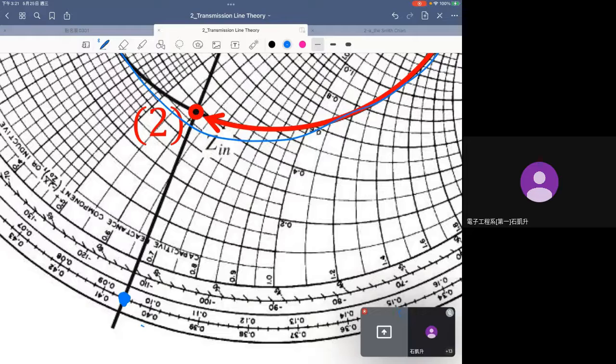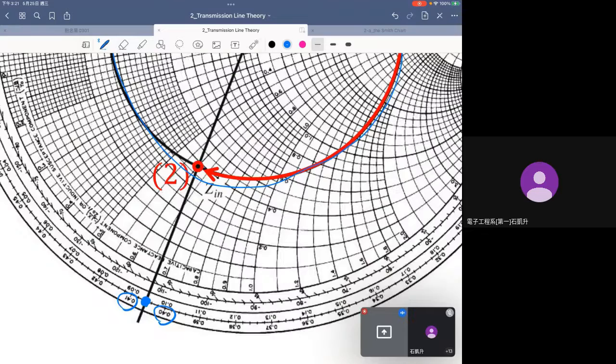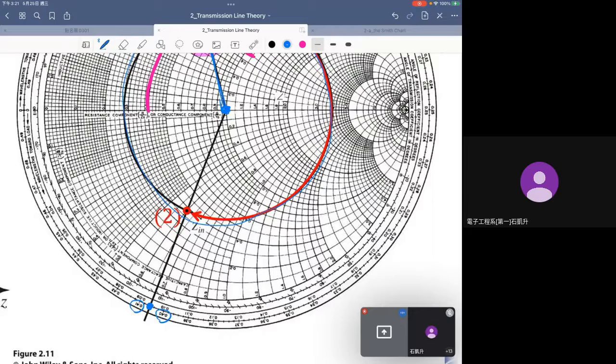Okay, this is 0.40 and this is 0.41. So you will make a new line from the center to here.